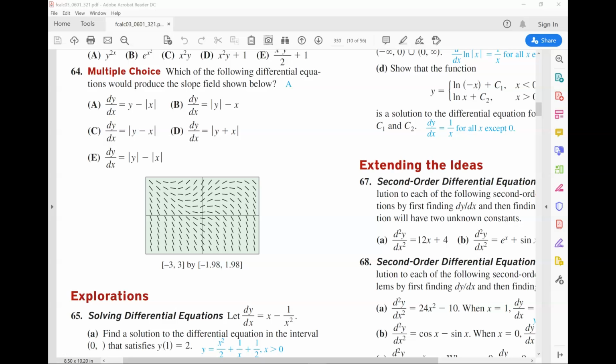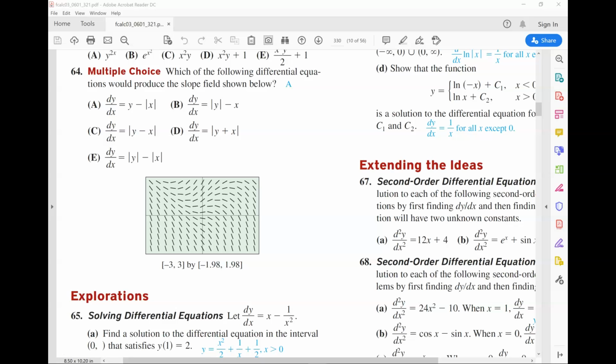And then some things we would look at is, for example, if it was like 1 over y, something like that, you would have to say, okay, is there one line, either horizontal or vertical, where all the slopes are 0 or all the slopes are undefined, and so on. And so now what we are left with is A, B, and E.